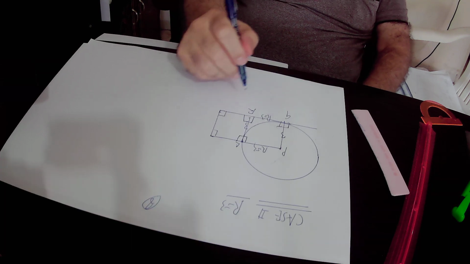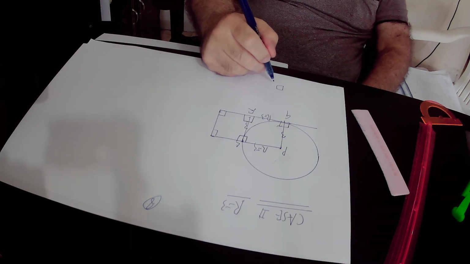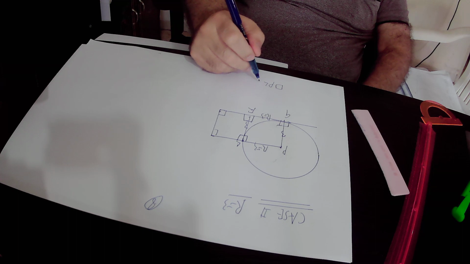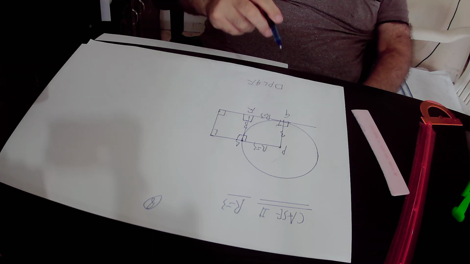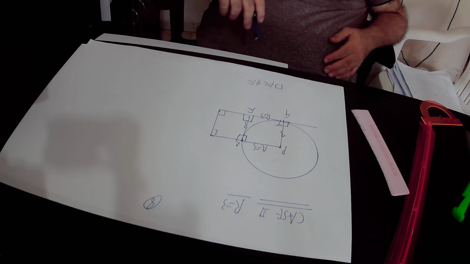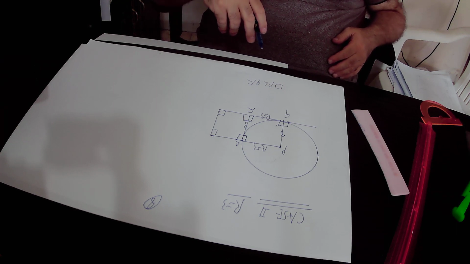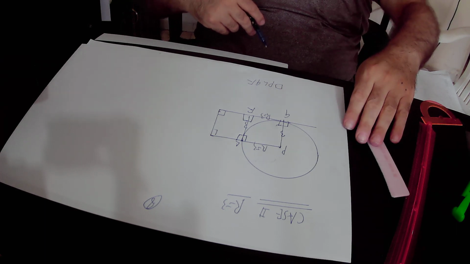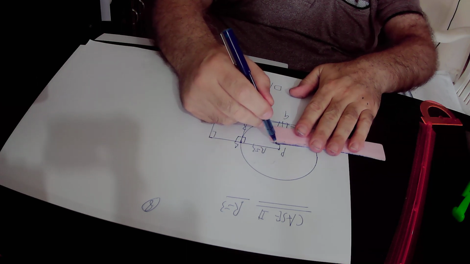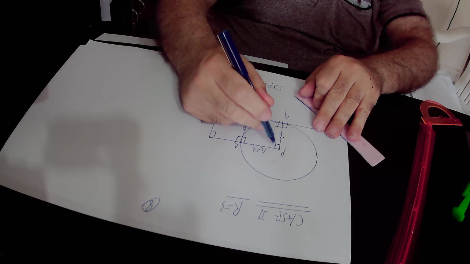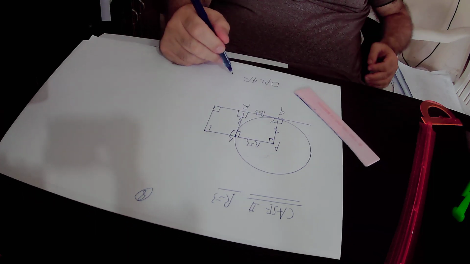So inside quadrilateral PLQF, we have 1, 2, 3 right angles. Therefore, the fourth angle must also be equal to 90 degrees. So we have 4 right angles in quadrilateral PLQF, therefore quadrilateral PLQF is a rectangle.